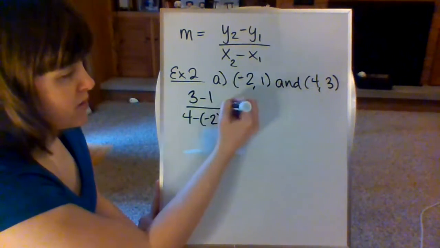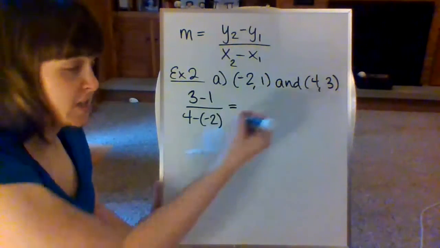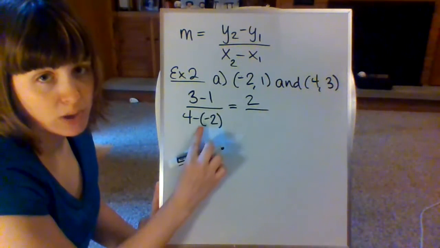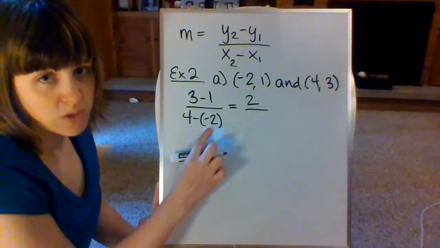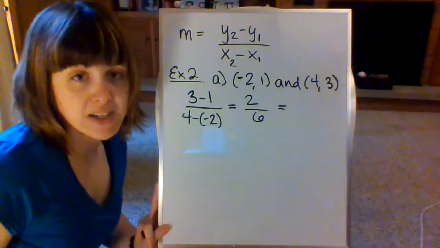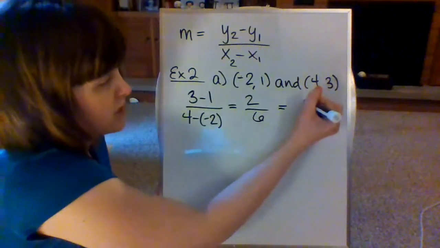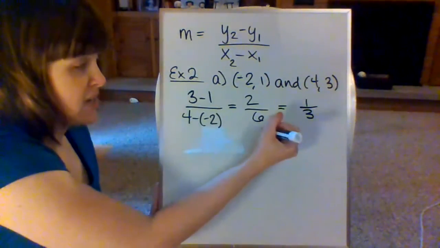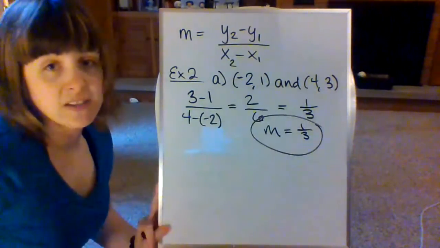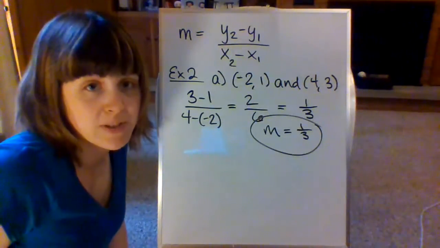Alright, so 3 minus 1 is 2. 4 minus negative 2 is like 4 plus 2, which is 6. And then that's going to simplify to be 1/3. So we're going to say m equals 1/3. Ta-da! We found the slope.